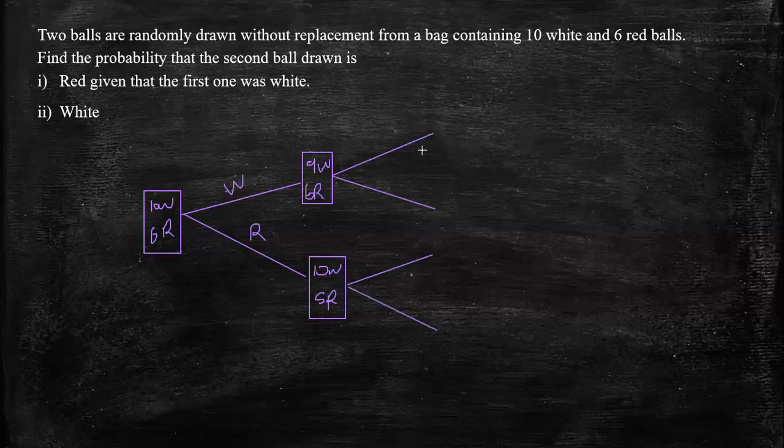Since we are not going to pick again there, we now look at the probability values. What will be the probability of picking a white ball the first time?